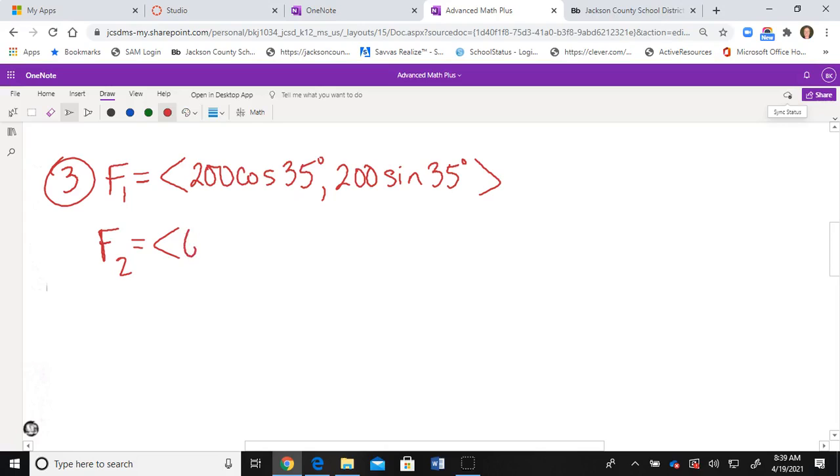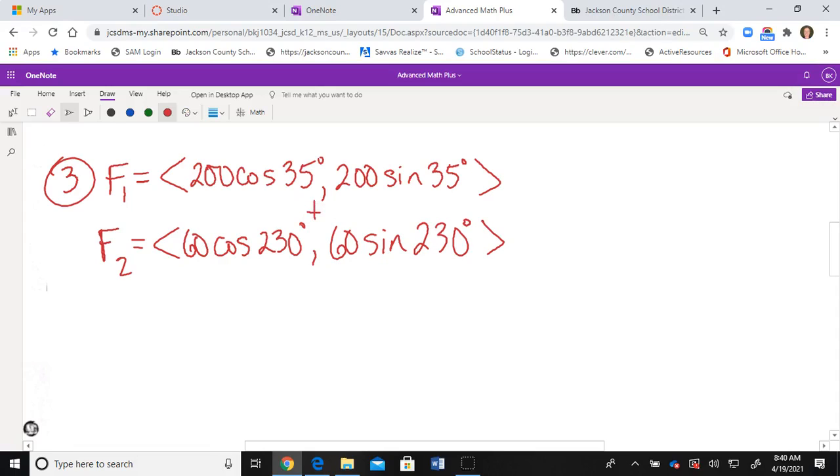So, 60 cosine of 230, and 60 sine of 230 degrees. Okay? What do I do with those? Add them up.